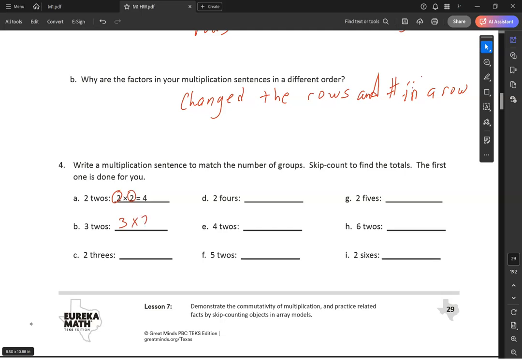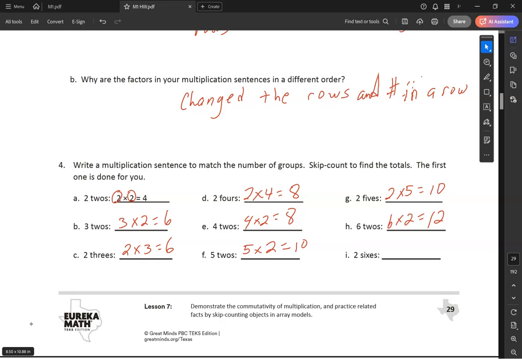So 3 times 2 equals, count by 2 three times, 2, 4, 6. 2 3's, 2 times 3 also equals 6. 2 4's, 2 times 4 equals 8. 4 2's equals 8. 5 2's equals 10. 2 5's equals 10. 6 2's equals 12.